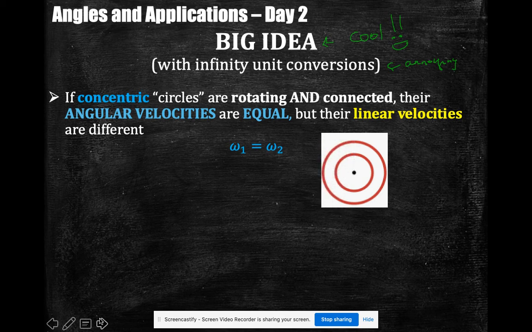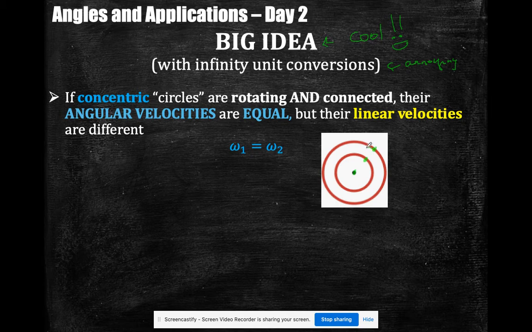And there's a picture. That Greek letter is omega. And omega, for some reason, someone chose to go with angular velocity. So if you have concentric circles, the angular velocity, omega 1, is the same as omega 2. Picture a point traveling along this concentric circle and a point traveling along this concentric circle, and even the center if you want.